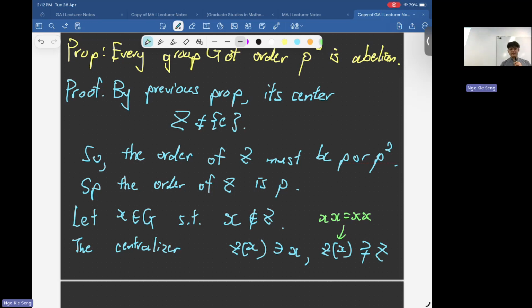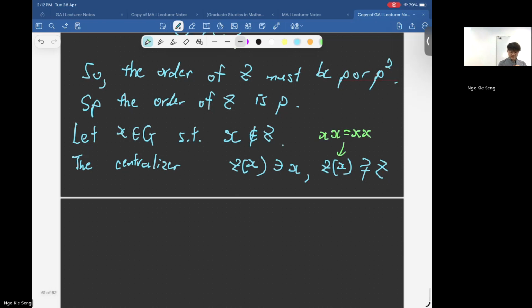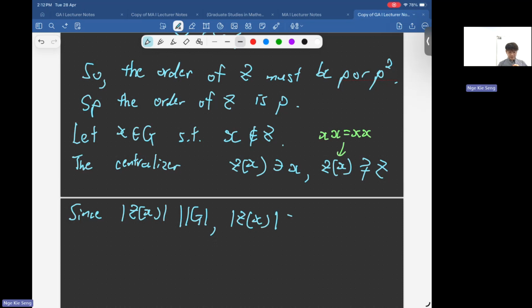Okay. So since the order of Z(x) divides the order of G, and at the same time the order of Z(x) is strictly greater than the order of Z, which is p, the order of Z(x) must be p squared.